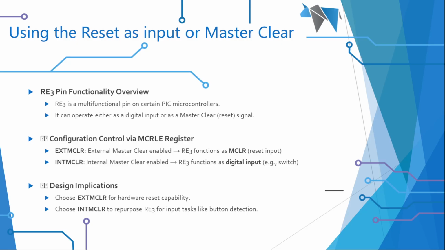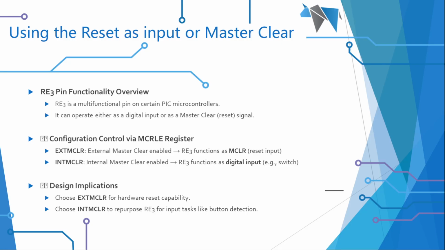There is a configuration control for the master clear register. It's one little bit in the thousands upon thousands of bits available, and you can set that bit on or off. It's called EXT MCLR, and that means that you've enabled the external master clear.